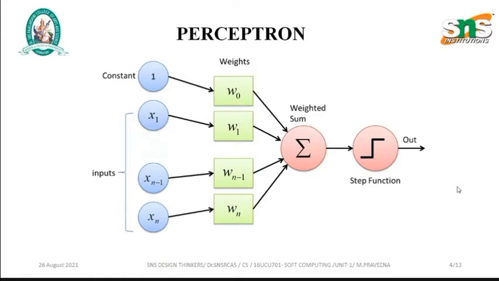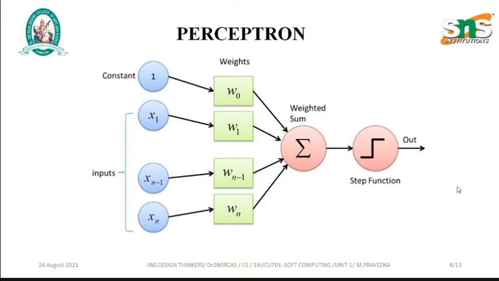Next, once the input and weight are given, there is a process called summation. Here each input and its weight are multiplied, and all the products are added together. That is called the weighted sum. For example, x1 w1 plus xn minus 1 into wn minus 1 plus xn into wn, likewise.